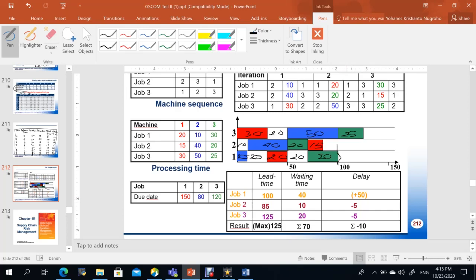And what about job number 2? It is 85. Actually, the due date is at 80, and therefore it is 5 minutes late, and the delay is 5. And what about job number 3? Also 5 minutes delay. So in total, there is a delay of 10 minutes.